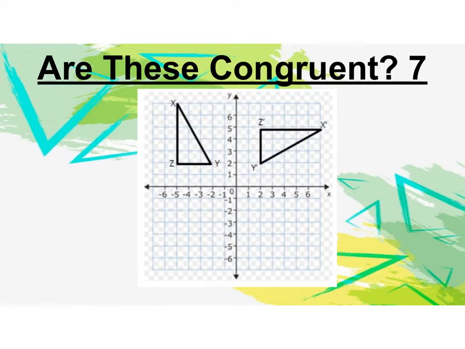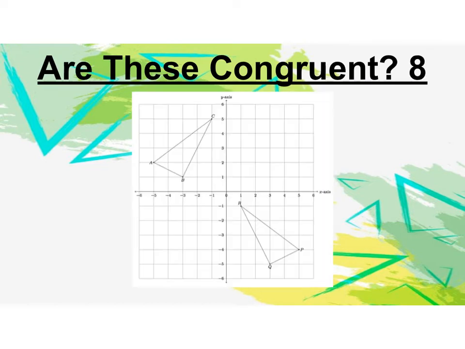Are these congruent? Okay, well, they do look like right triangles, and because they are on a coordinate plane, we can say that those are right angles. This side measures 3. This side measures 3. This one is 5, and this one is 5. And then if you did the Pythagorean theorem, those will come out to be the same too. So again, we have another situation where we have the 3 sides all the same, but is that enough to say that the triangles are actually congruent?